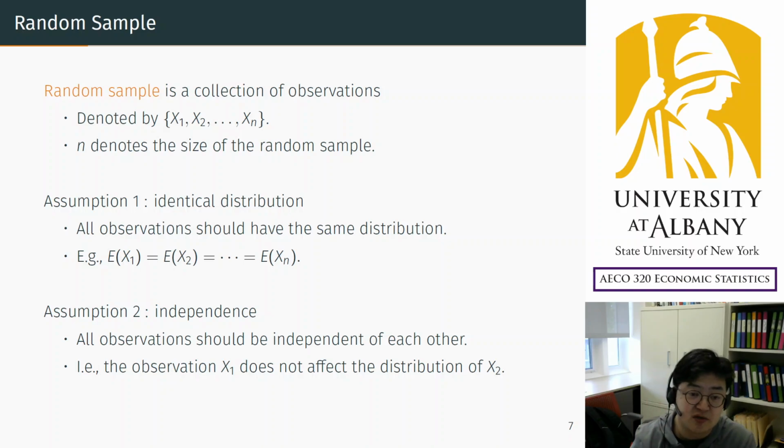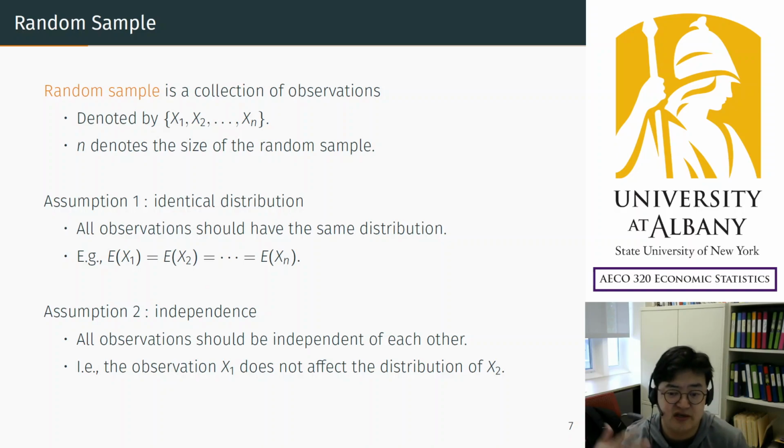Not just observing a lot of numbers makes a random sample. You need two assumptions. First, identical distribution. All these 1,000 people must have the same distribution. If you think about the mean calculated based on everyone, then automatically it has the same mean.